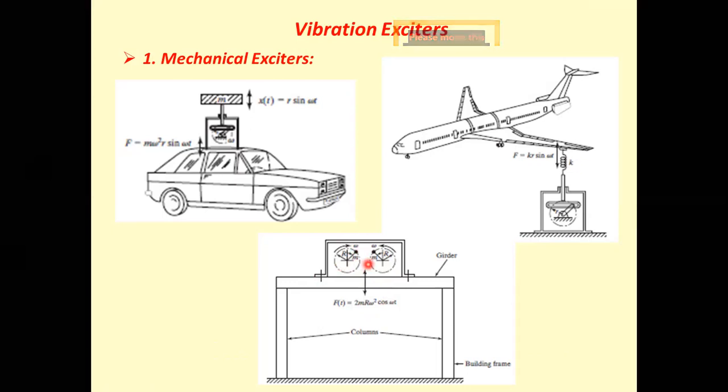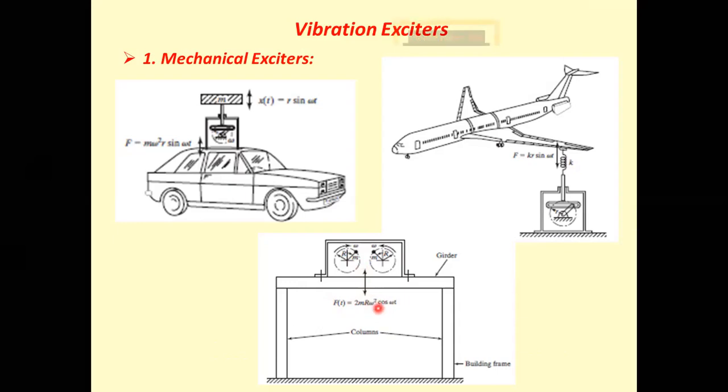When two masses of equal magnitude rotate at an angular velocity ω and radius R, that is capital R is the radius, then the vertical sinusoidal force which is produced is given by 2m ω² r sin ωt, and this is the horizontal force.